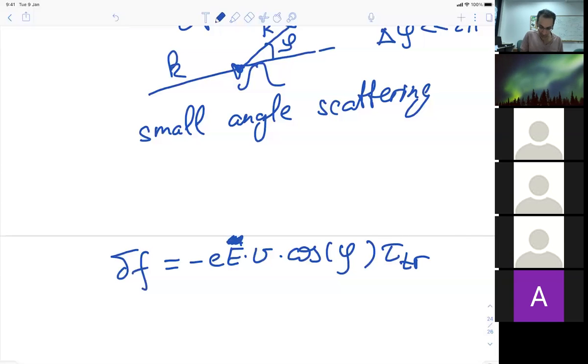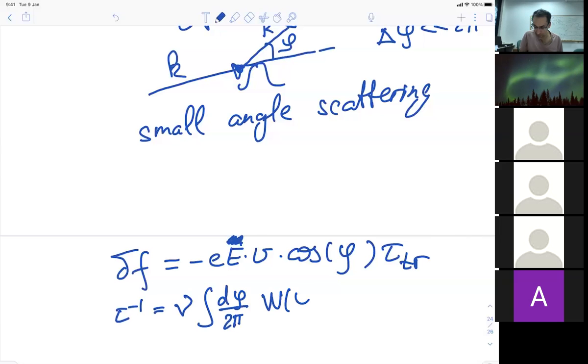It's a complicated constant, but nevertheless, we have found that it's given by the density of states, averaging over all angles, the scattering probability as a function of angle, and 1 minus cosine phi.